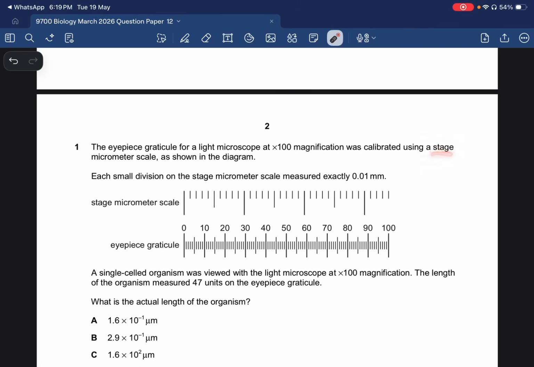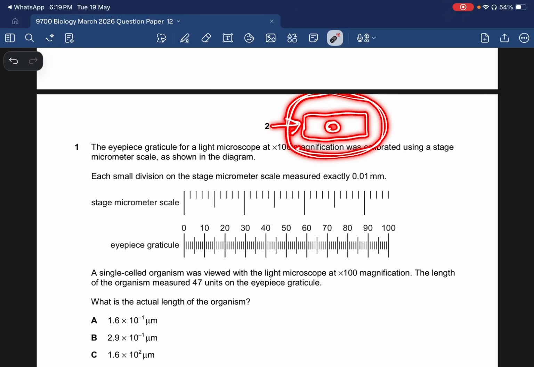However, a stage micrometer is not really part of a microscope. You put it on the microscope slide. Whenever you gave your P3 exams or performed your lab experiments, you must have been given a slide, and you place that on the microscope and look into it.